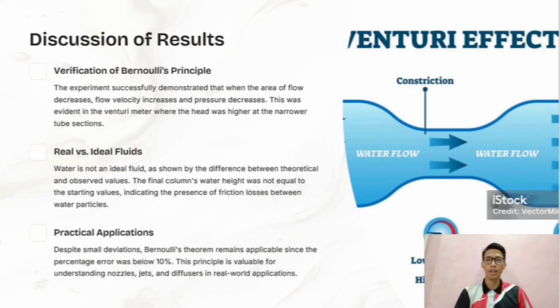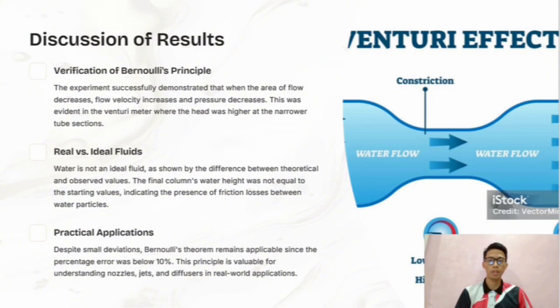Discussion of results. Verification of the Bernoulli principle: the experiment successfully demonstrated that when the area of flow decreased, flow velocity increased and pressure decreased. This was evident in the venturimeter, where the head was higher at the narrower tube section. Real versus ideal fluid: water is not an ideal fluid, as shown by the difference between theoretical and observed values.